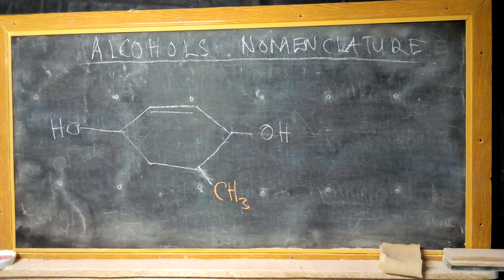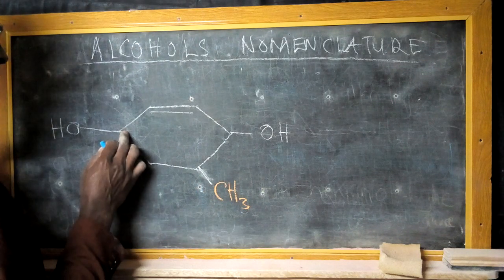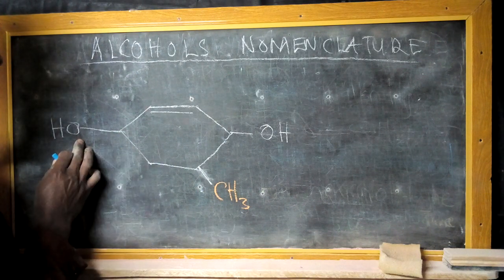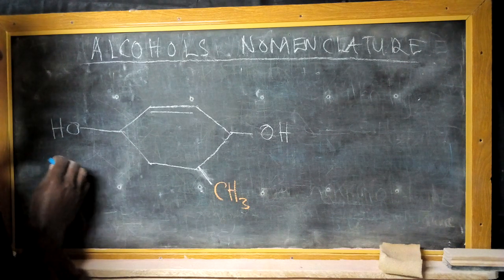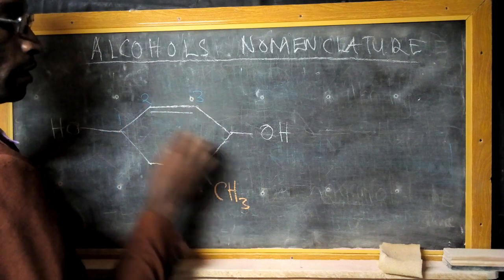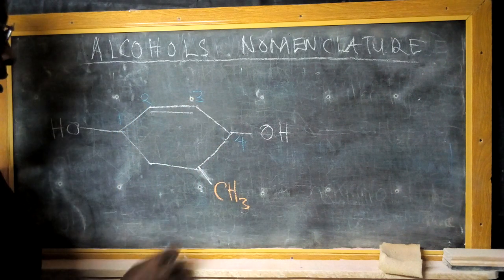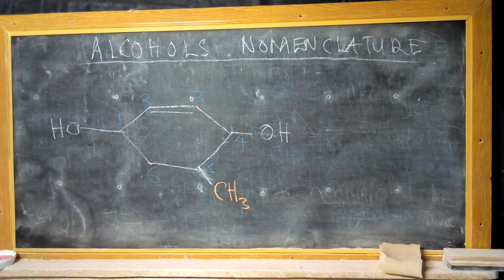So in that case, our functional group is an OH group, appearing at those particular points in this compound. We said that numbering begins from the first carbon that is attached to the OH group. So we can decide to write it number 1 from there, 2, 3, 4, 5, 6. It's a 6-member cyclic compound.